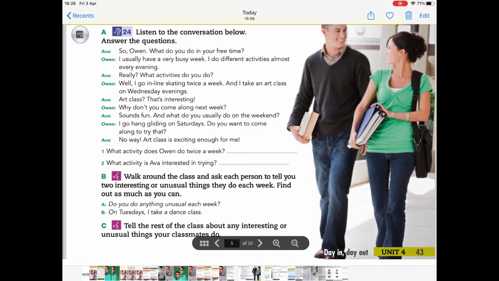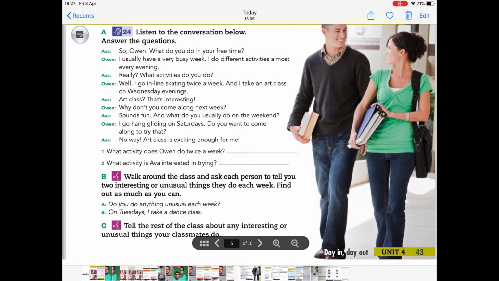Art class? That's interesting. Why don't you come along next week? Sounds fun. And what do you usually do on the weekend? I go hang gliding on Saturdays. Do you want to come along to try that? No way. Art class is exciting enough for me.